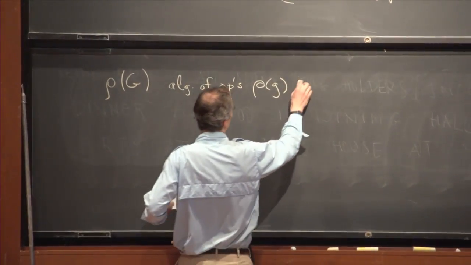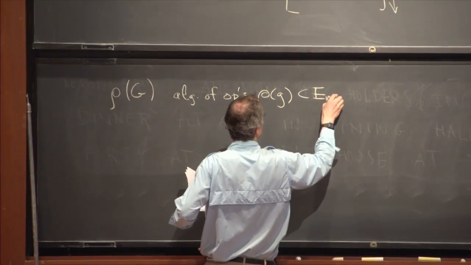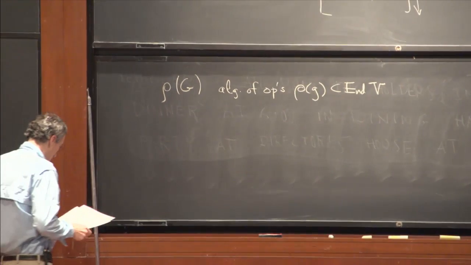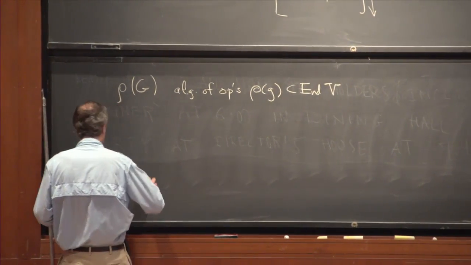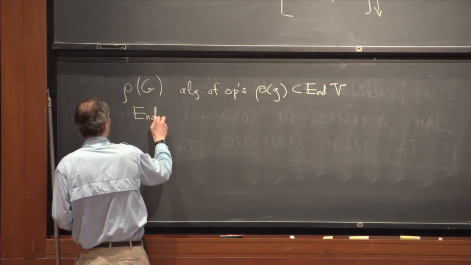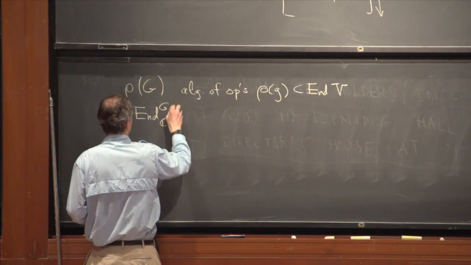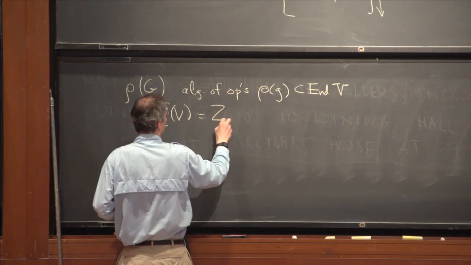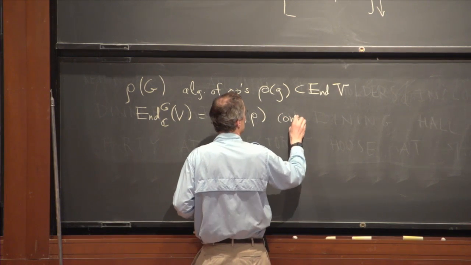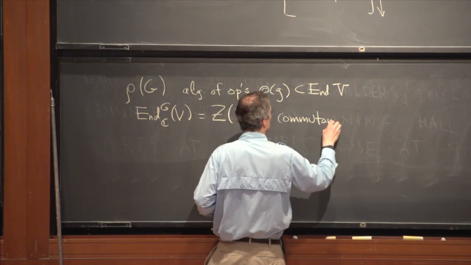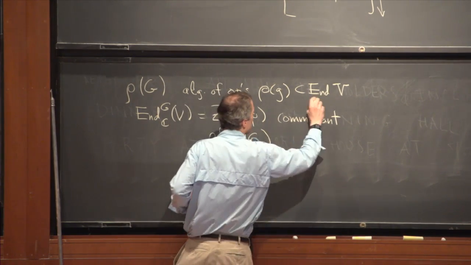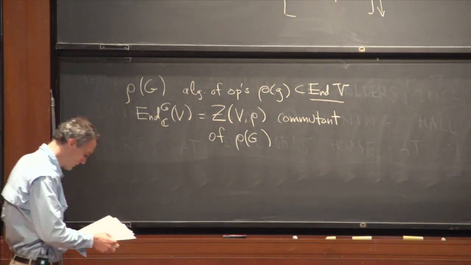And so that's a subalgebra of the endomorphisms of V. And then we can interpret this thing here, I'll denote it as Z of V rho, as the commutant of rho of G inside this algebra of all operators.